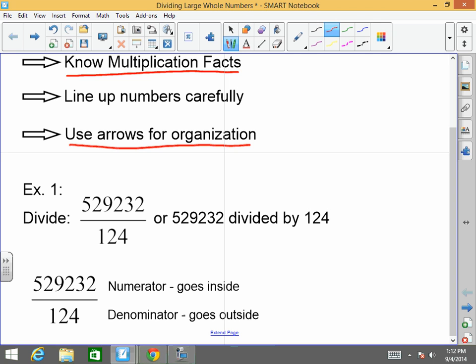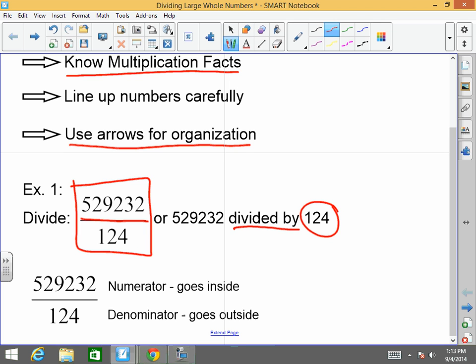Well, when we're dividing large numbers, it's no different than dividing small numbers. For example, if I want you to divide 529,232 by 124, I could give it to you in this terminology with a division bar, or I can say 529,232 divided by 124.